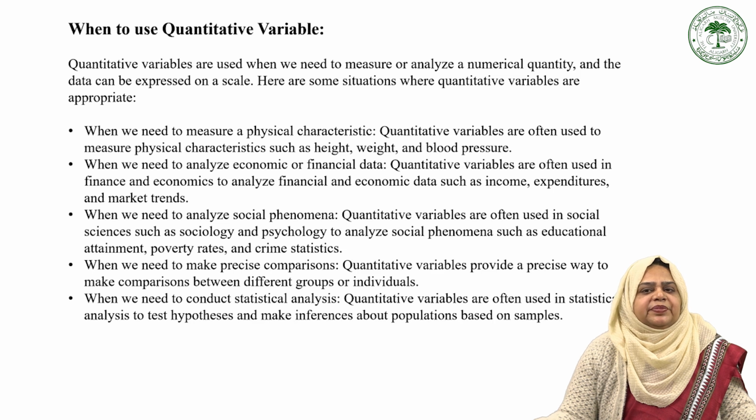The poverty rate represents another example of a quantitative variable that offers significant insights into the economic well being of a population. It measures the percentage of individuals living below the poverty line within a given area or community.